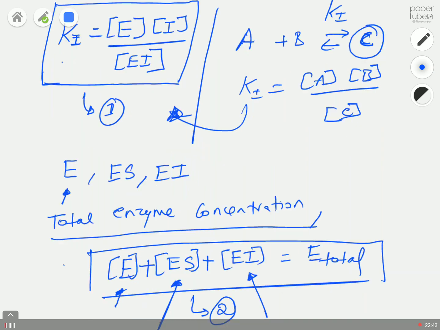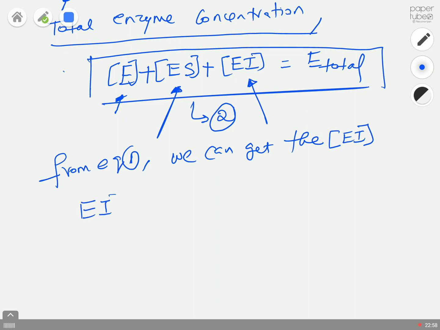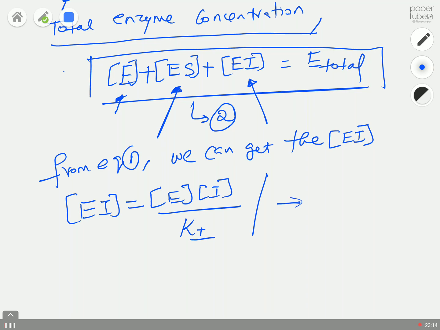So from equation 1 we can get the concentration of enzyme inhibitor complex, which is equal to the concentration of enzyme times the concentration of inhibitor divided by the equilibrium constant Ki. Let's call this equation 3.